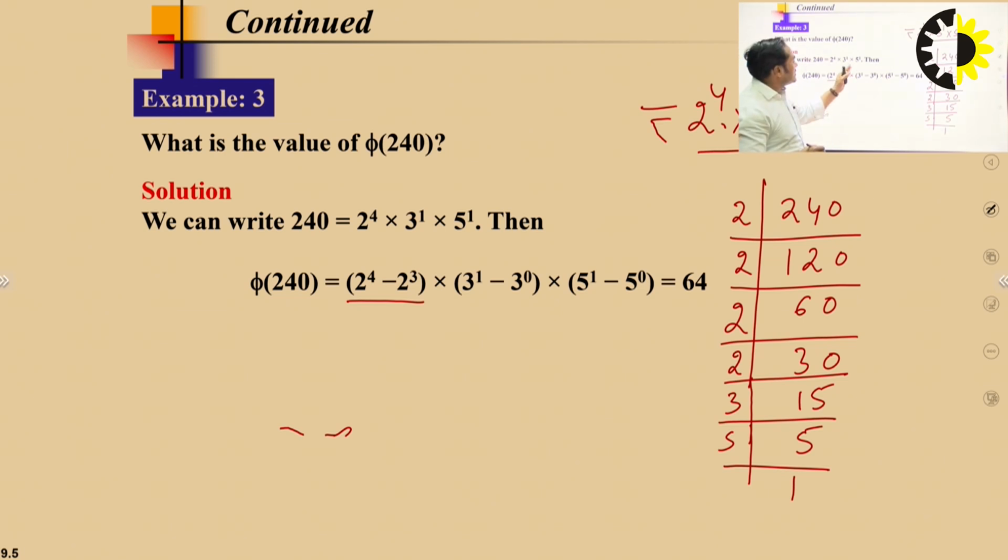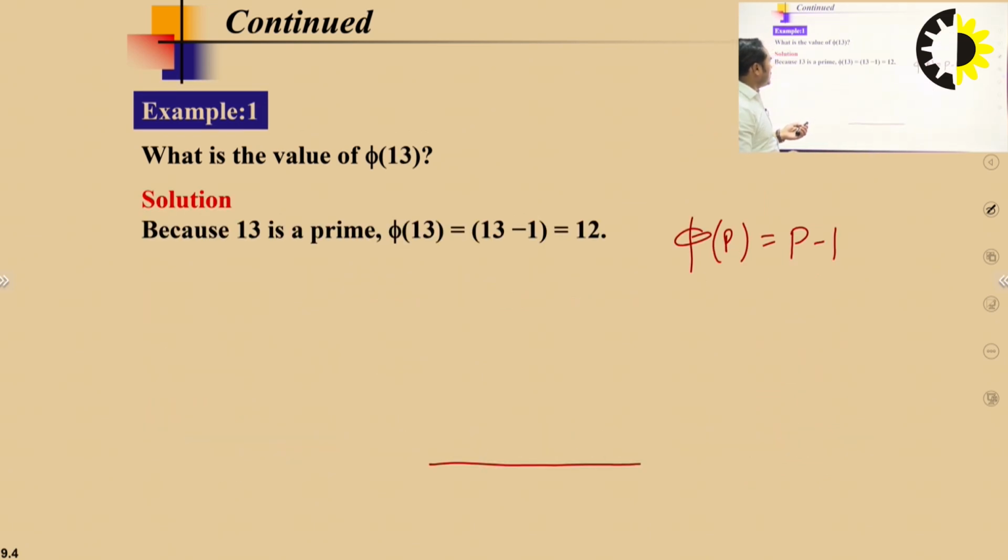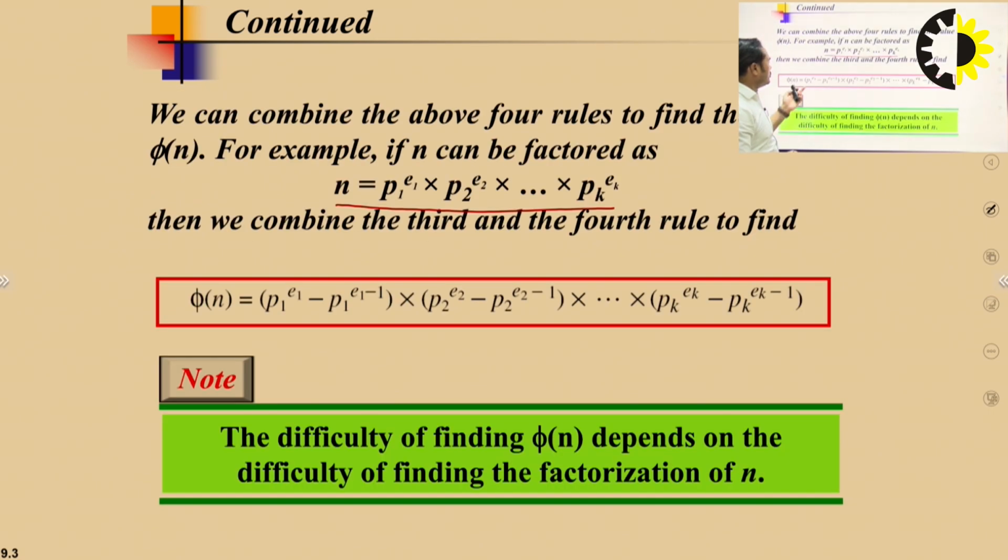Similarly, you get 3 power 1 minus 3 power 1 minus 1, and similarly for the next one. You can get this answer by using the previous formula, p1 power k1 minus p1 power k1 minus 1.